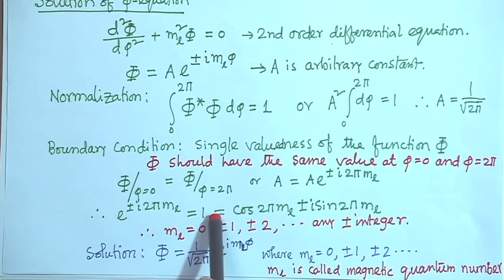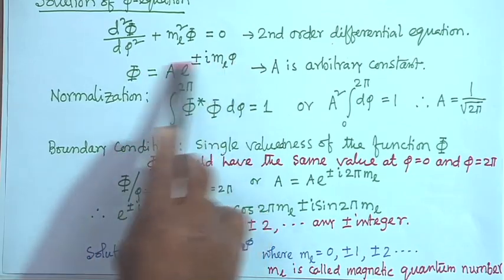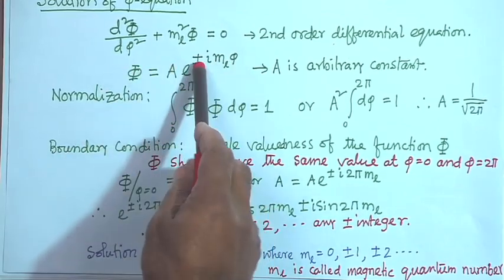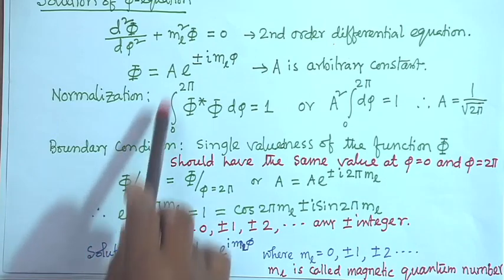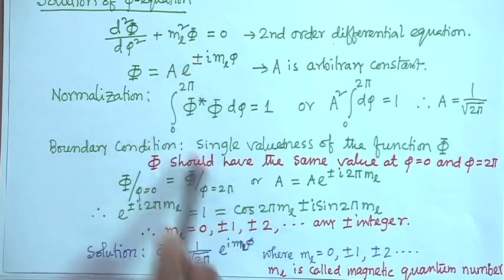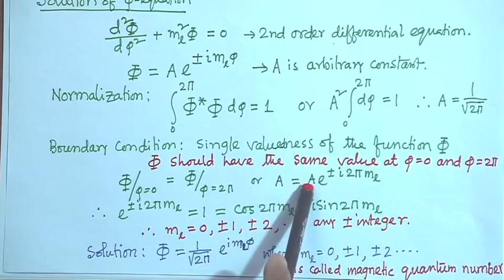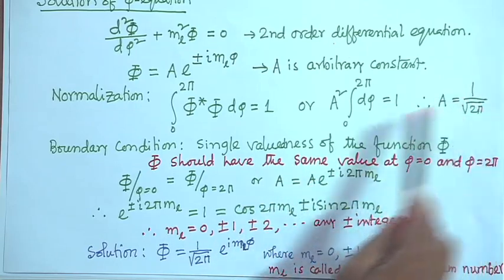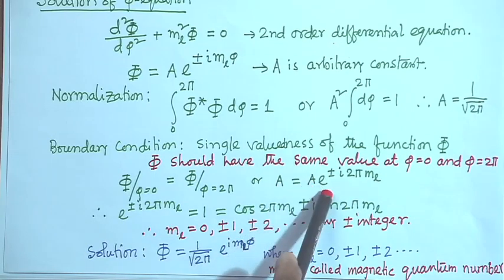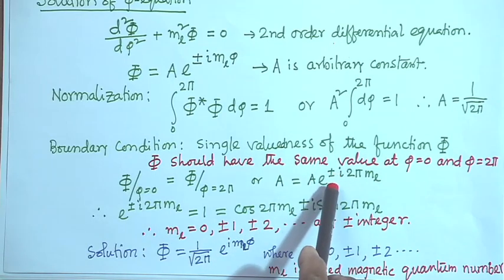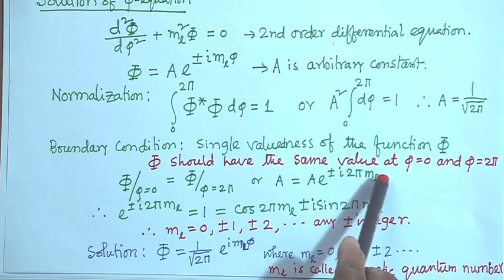Now phi has to obey this boundary condition, and if you put it here, you will get A equal to A e to the power plus minus i 2 pi m l. A is what we know, but for convenience we are just using A.